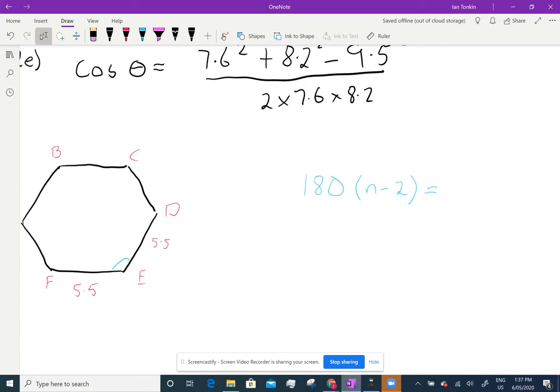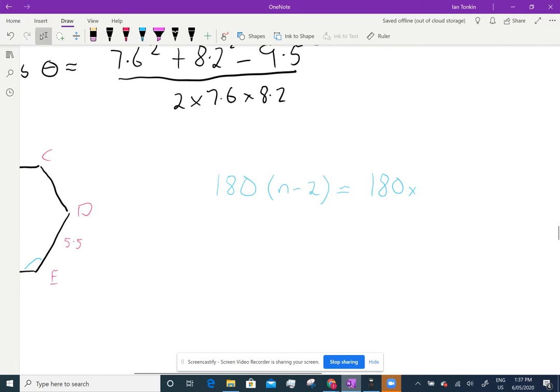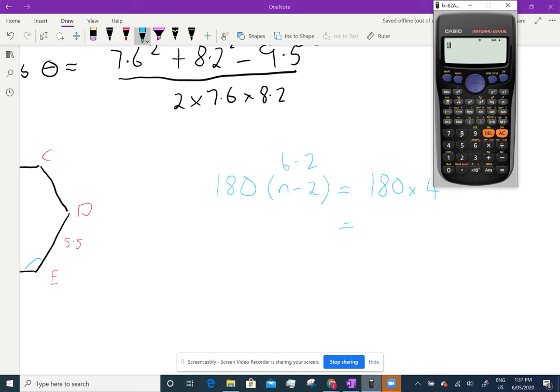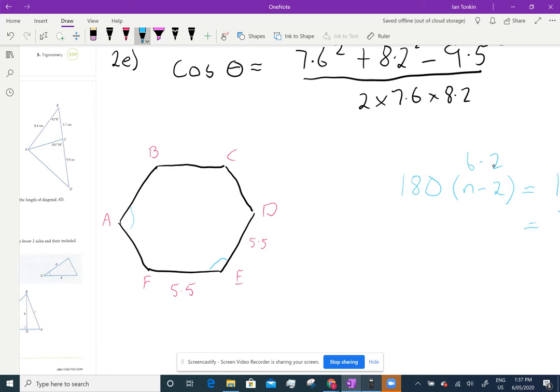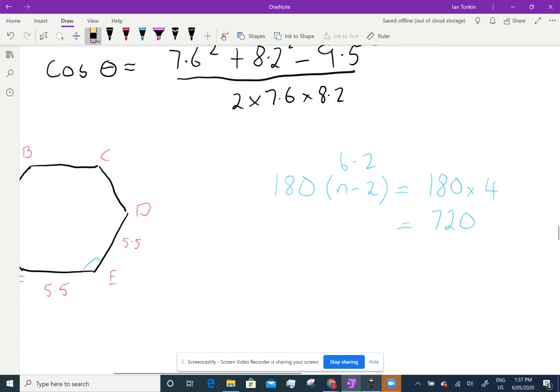So the internal angle sum, 180 times n, we've got a hexagon, so it's 180 times 4, because that's 6 minus 2. And on my calculator, 180 times 4 is 720. That means that all these angles add up to 720. And because it's a regular hexagon, they're all the same.